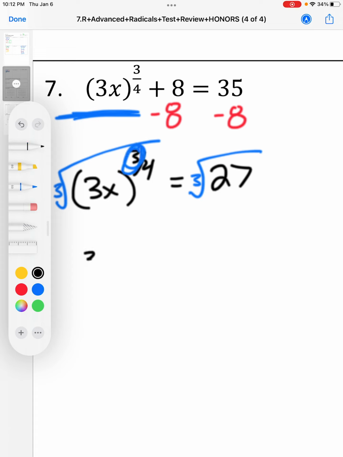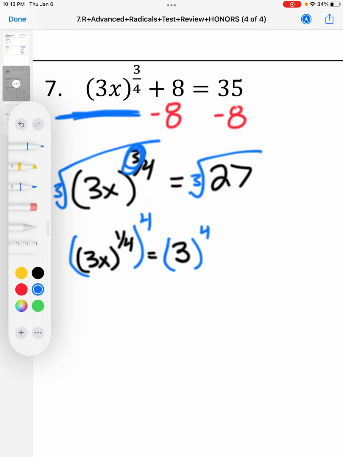So I'm going to be left with (3x)^(1/4) = 3, because the cube root of 27 is just 3. Now to get rid of the next one, I just have to raise it to the 4th power. Remember, because our exponent property says we multiply those together, 1/4 times 4 equals 4/4, which is just 1.